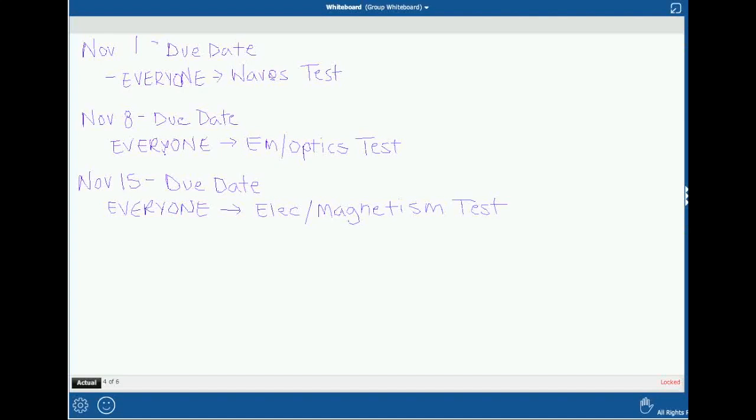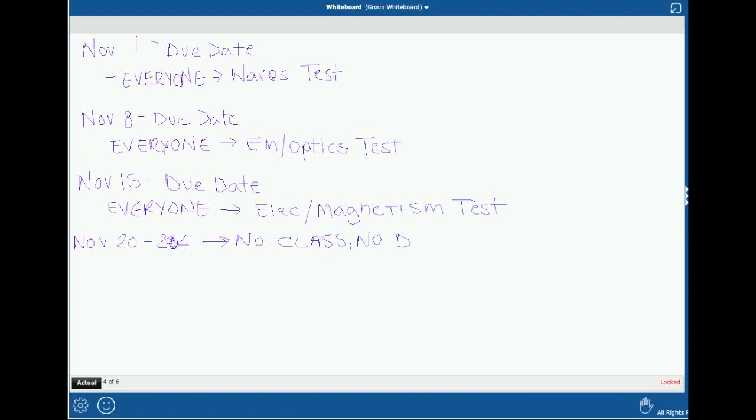Then from November 20th to the 24th, which is basically the week after, that is Thanksgiving. So we don't have any class. No due date.